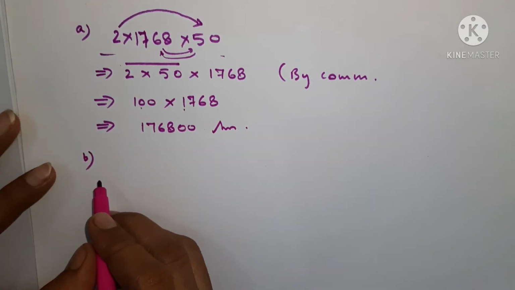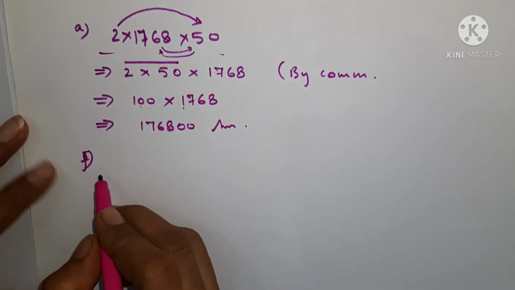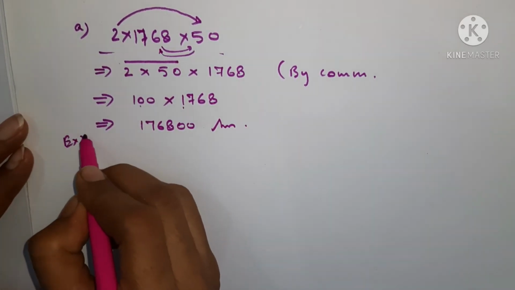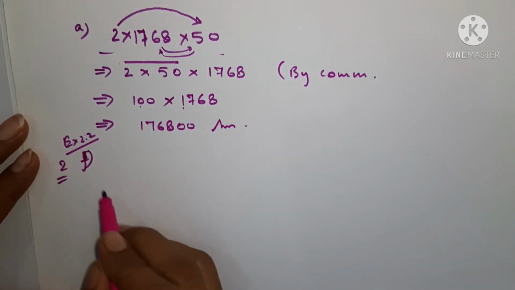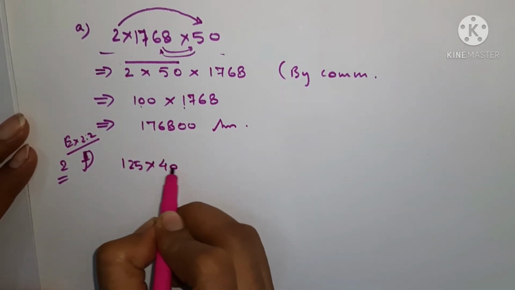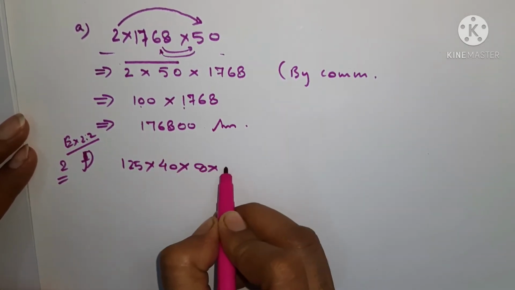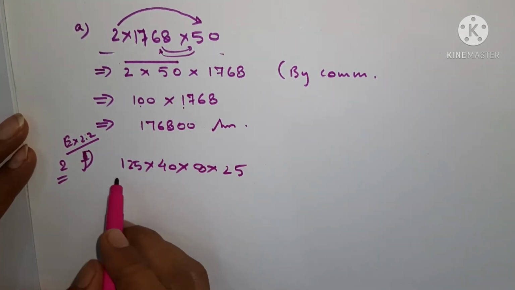Say I'm taking question number F of the same exercise, exercise 2.2. Question 2F. Say you are having 125 into 40 into 8 into 25.